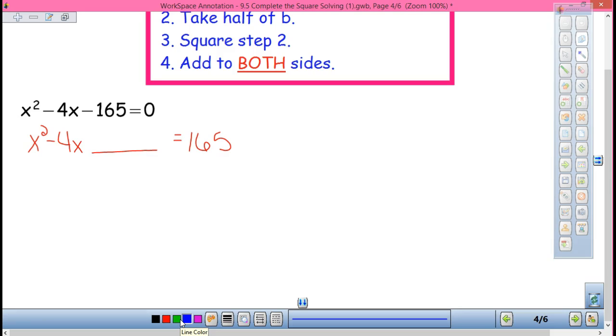Alright, what's my b? -4. Divided by 2 is -2. -2 squared is 4. What do I have to do with that 4? Add it to both sides. Plus 4, plus 4.